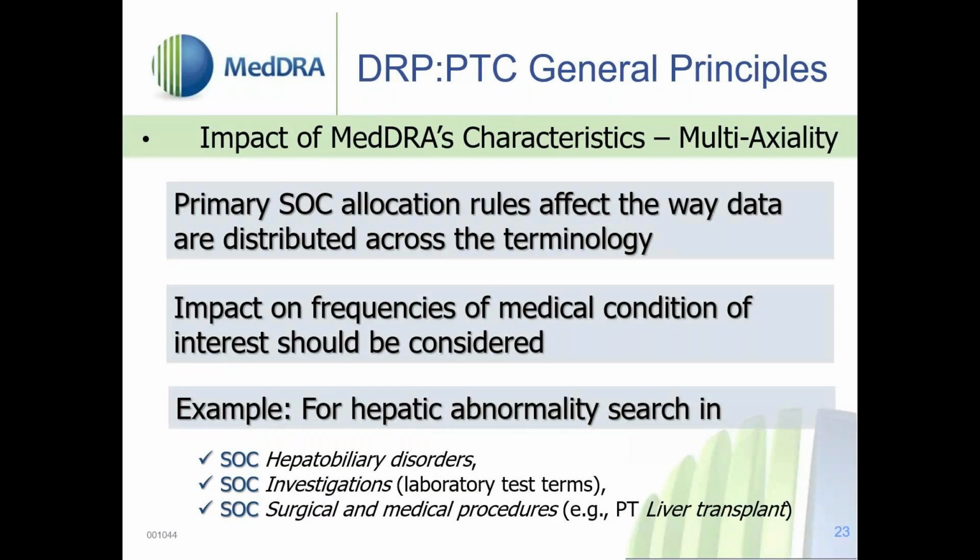And also in SOC surgical and medical procedures, you can find, for example, liver transplant, which is liver related. So knowing the general rules on how disorders are added to MedDRA and the SOC allocation rules helps you to check for other terms in other SOCs when you're looking for a specific topic.